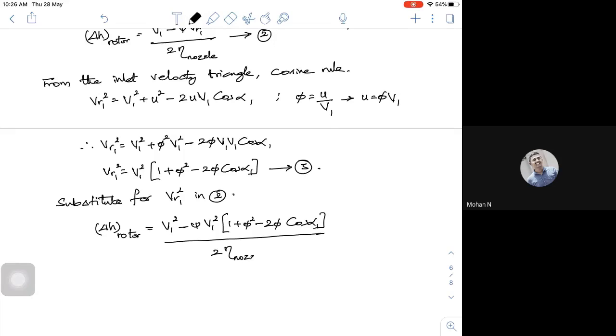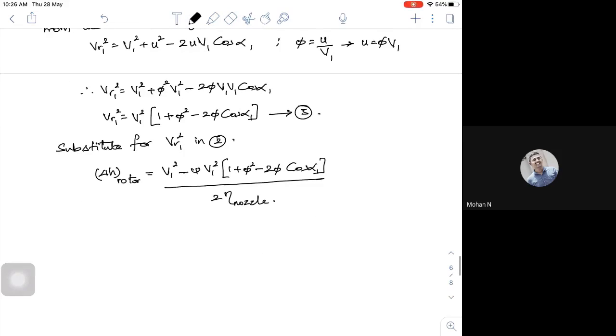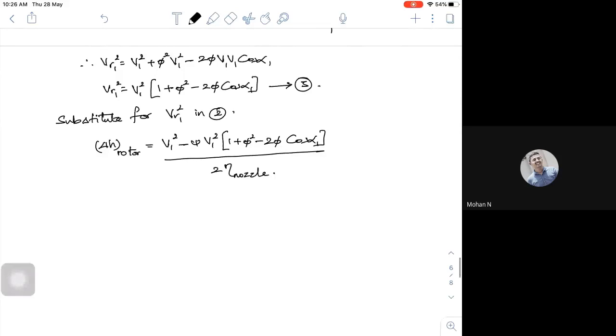I can take V1 square out, so delta H of the rotor is equal to V1 square divided by 2 times nozzle efficiency into 1 plus phi square minus 2 phi into cos alpha 1. Let me call this expression number 4.